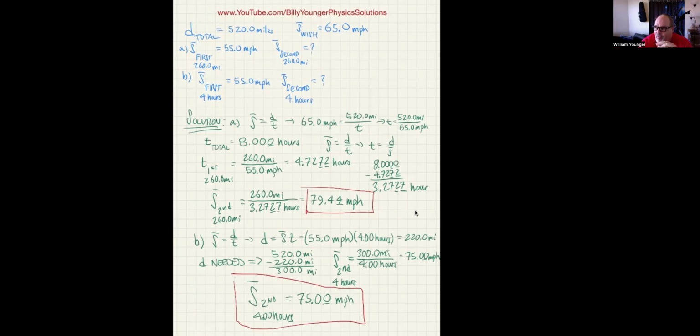So if you want to calculate the average from time t1 to t2, you're going to take a vector that points from some arbitrary origin to wherever you are at time t1, and then another vector from that same origin that points to wherever you are at time t2, and subtract from the second vector the first vector, and then that's going to be multiplied by the reciprocal of however long it took, and that'll give you a vector quantity.